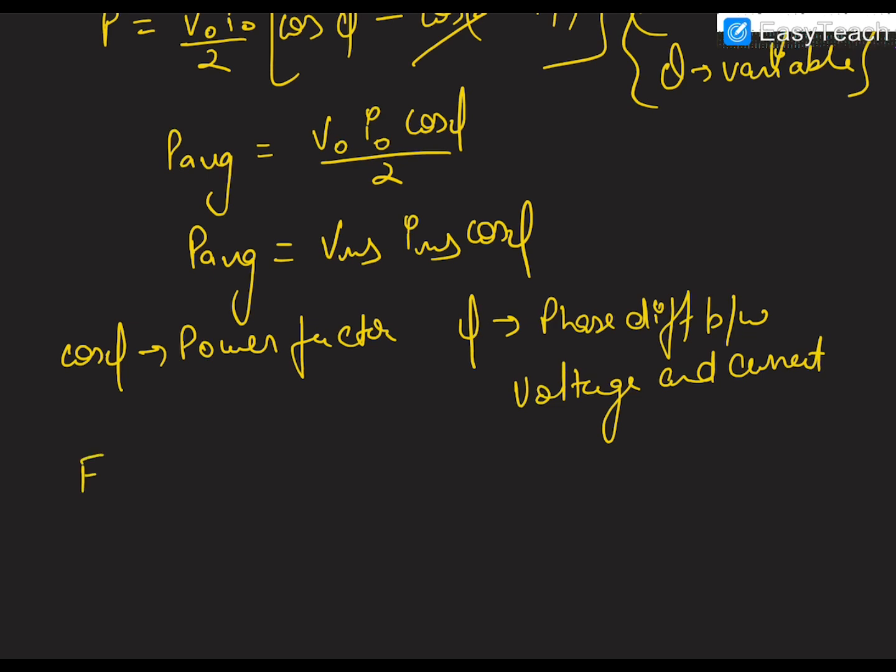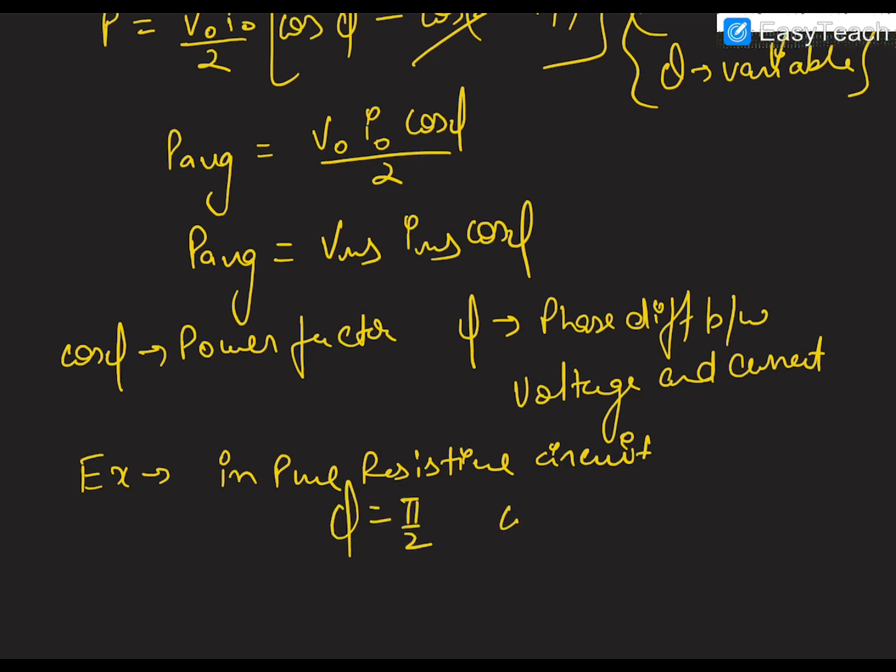For example, in pure resistive circuits, in which there is pure resistance, the phi will be equal to 0 degree.